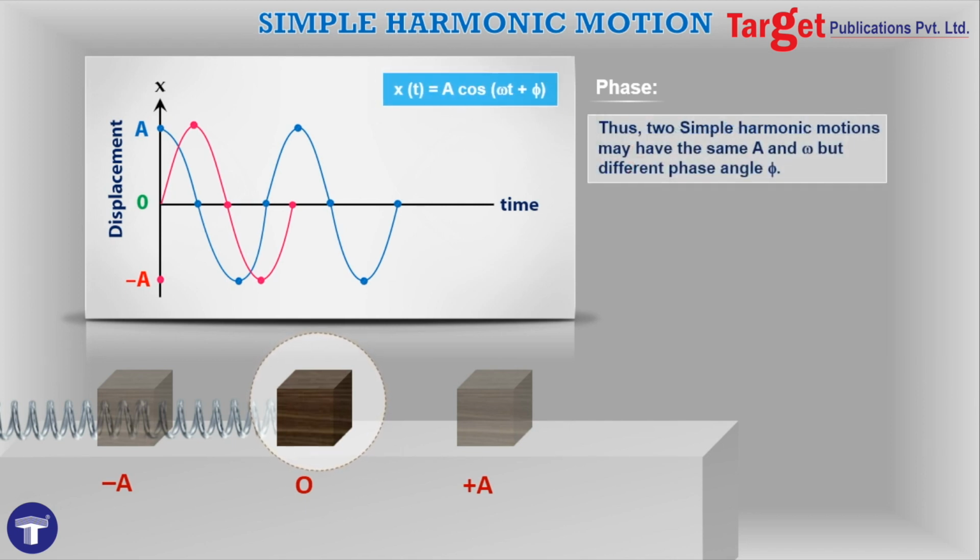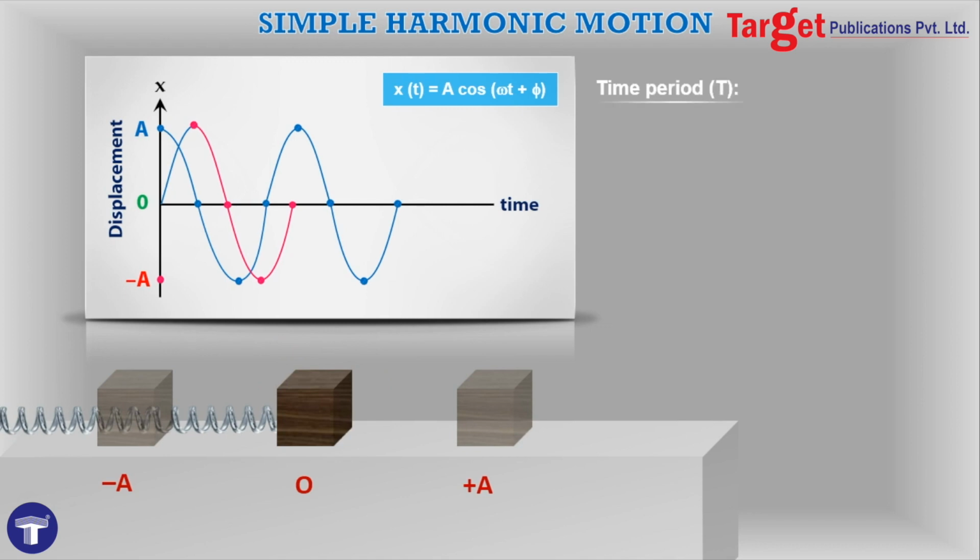From the figure, we can now see that in case of the two waves, the blue wave and the pink wave, they both have the same amplitude A and the same ω, but differ only in their initial starting points. And thus we say that they differ only by their phase angle φ.